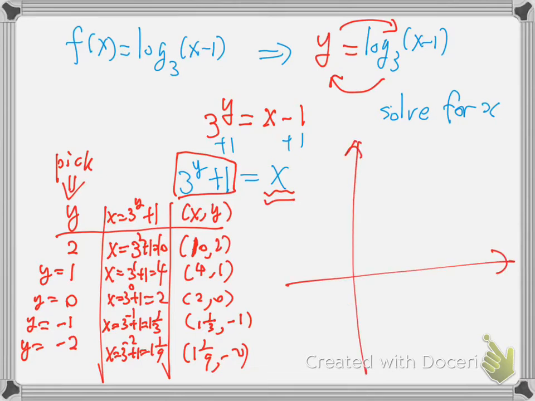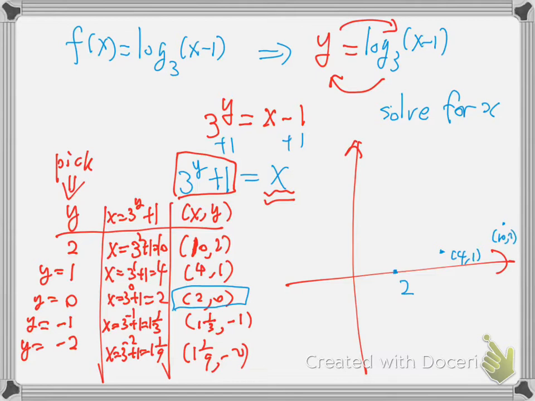So again, the important point is this intercept (2, 0). So the graph will pass through this point, number 2. And then we got (4, 1). And then (10, 2). So it's somewhere here.